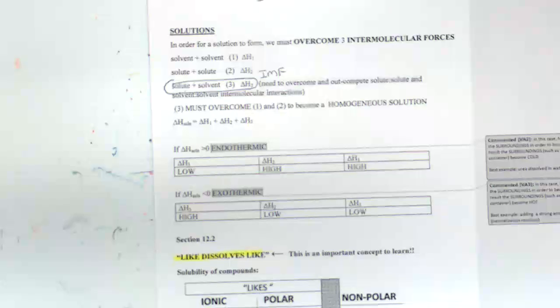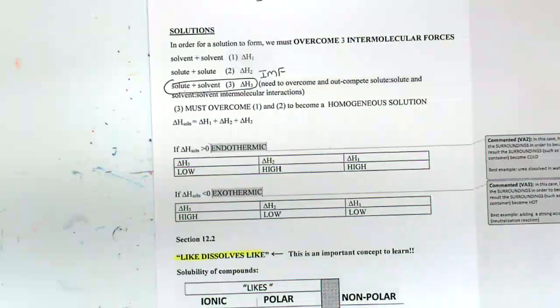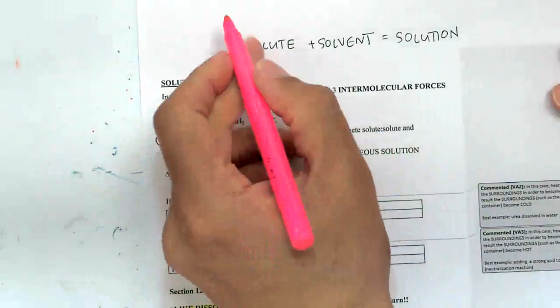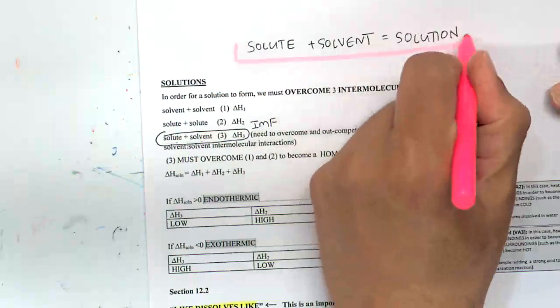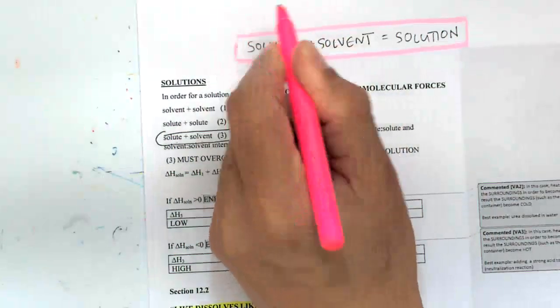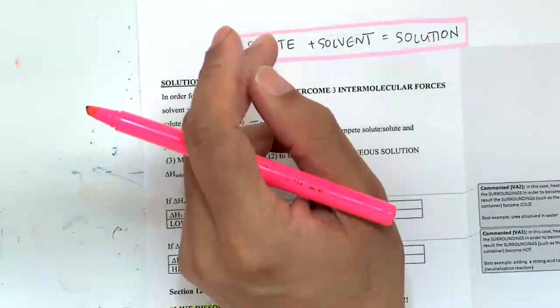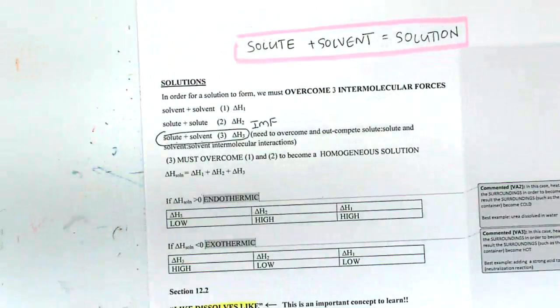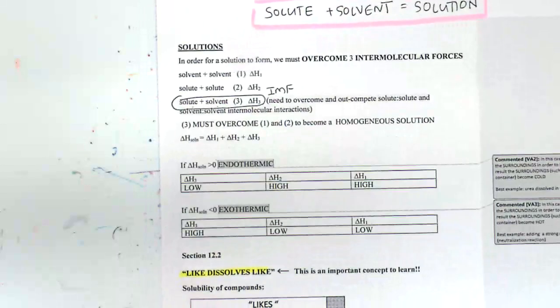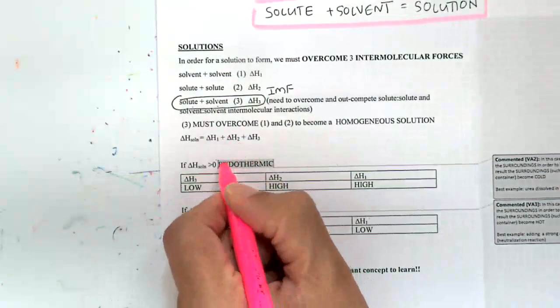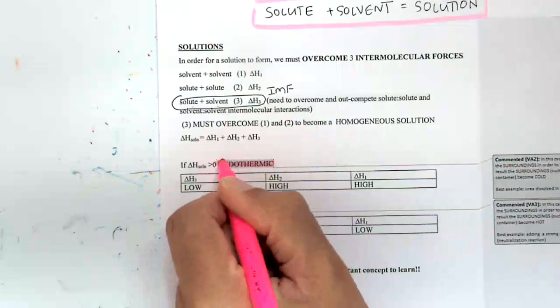And sometimes to become a solution, it doesn't happen so readily. If you take salt and water and stir it, it will dissolve. If you take glucose, which is sugar, and water, it will dissolve. Sometimes it needs a little help in dissolving, and that requires some heat.